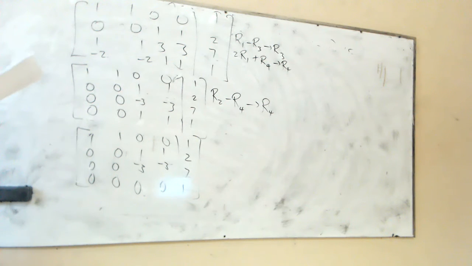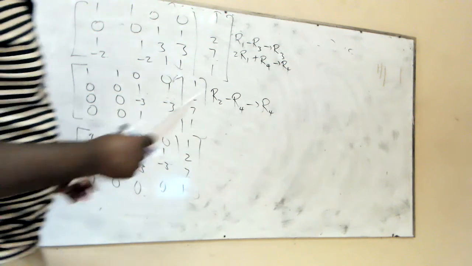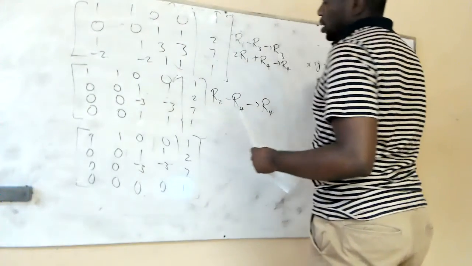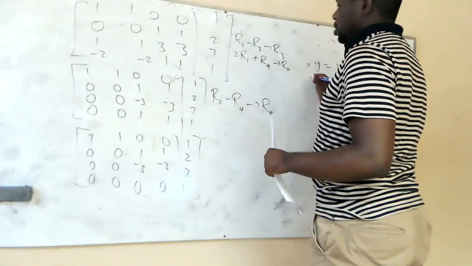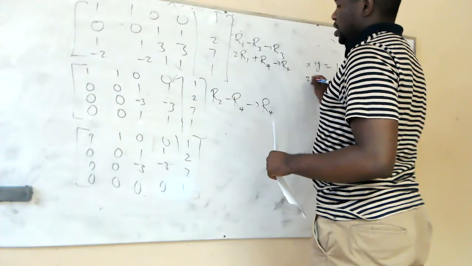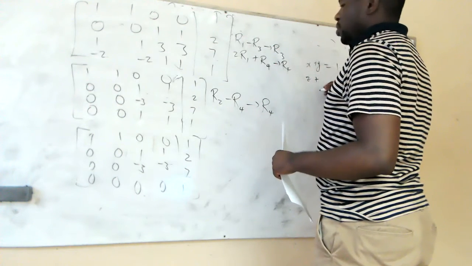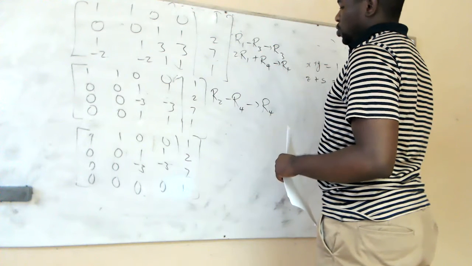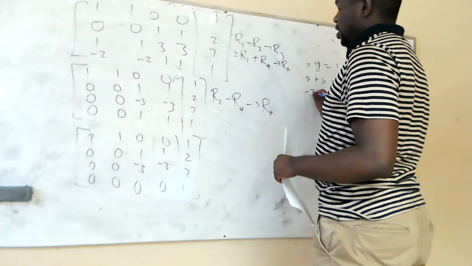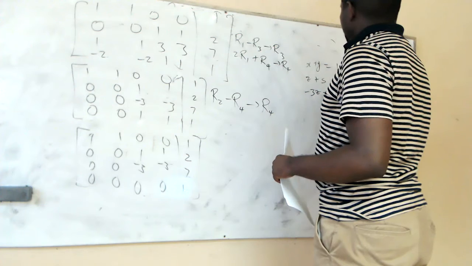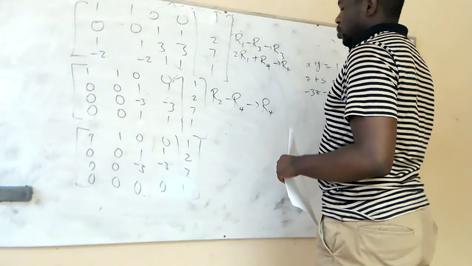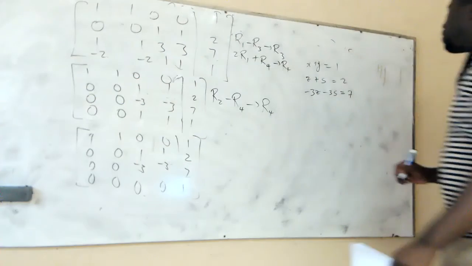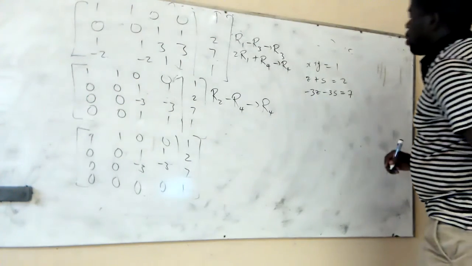Okay, let's check what those solutions are given by. So it's going to be x plus y, which is equal to 1, and then z plus s, let me use s equal to 2, and then negative 3z minus 3s is equal to 7, and then the last one is nothing.